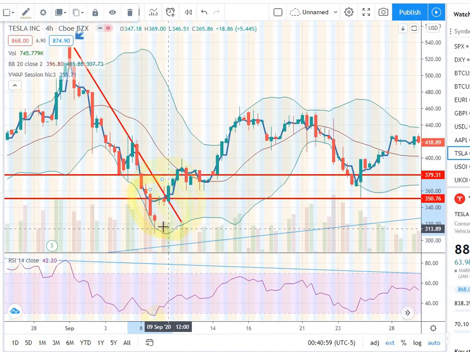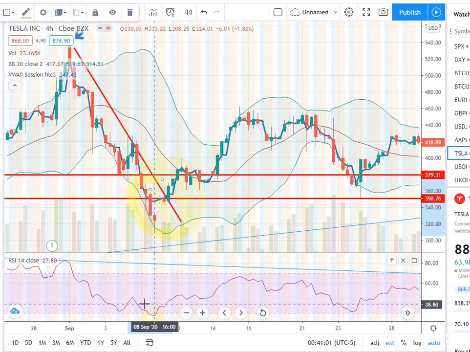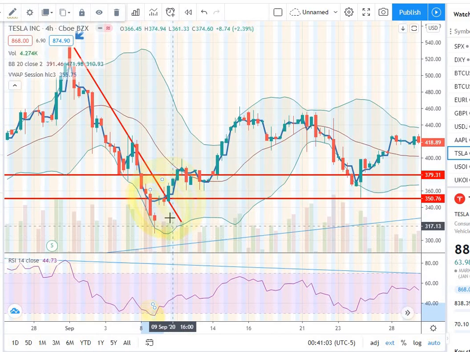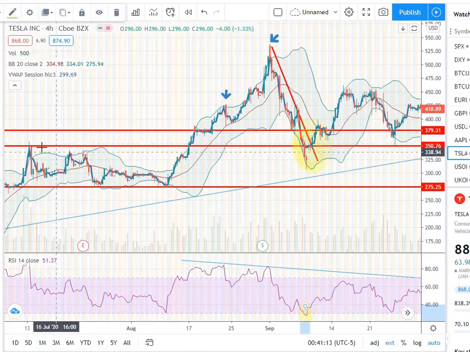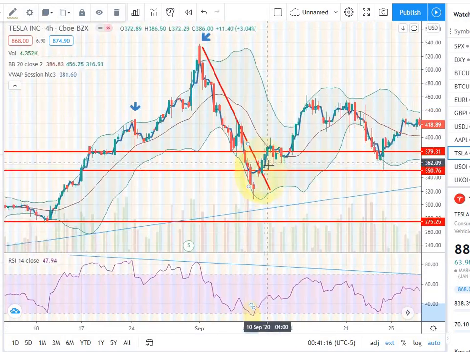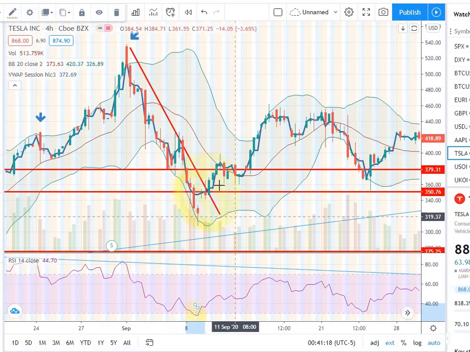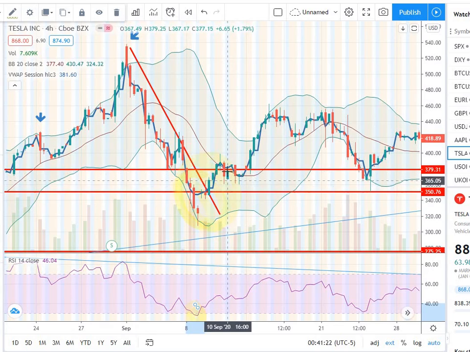Second, you see this pattern right here for the candlesticks. Your support and your resistance, you remember that from previous, and your trend line. Okay, I would have entered around 350, 370, around this, into Tesla. This would have been my ideal.